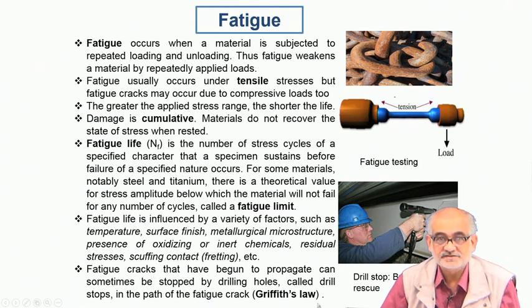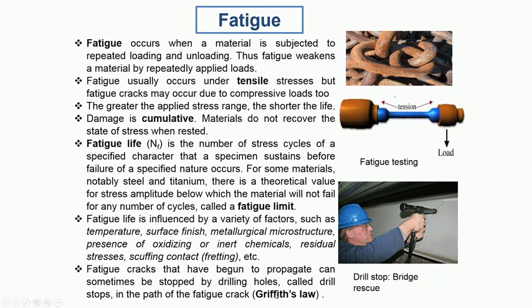Because of this Griffith's law, we know that for an applied load or stress, the crack tip experiences much higher stress, and that maximum stress at the crack tip is inversely related to the square of the radius of curvature of the discontinuity ahead.